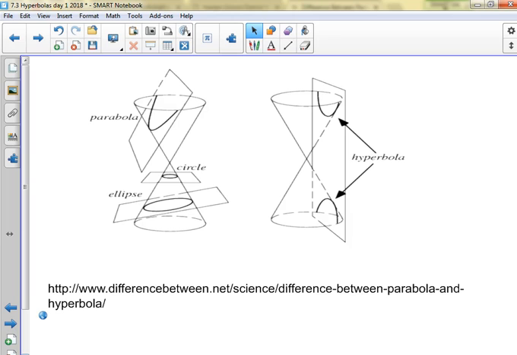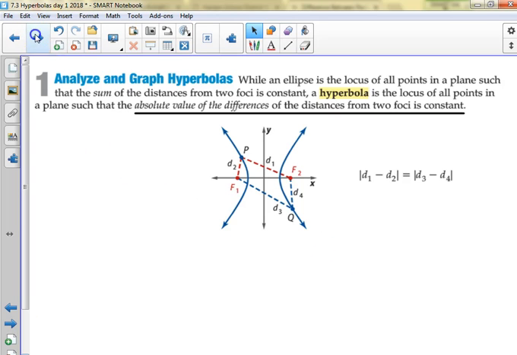All right, but back here, the big difference for us is going to be that hyperbolas have 2 branches. That seems pretty obvious difference, right? Okay, and I'll talk a little bit more as we go here. So this again, it says the absolute value of the difference of the distances from 2 foci is constant. This is just really confusing.